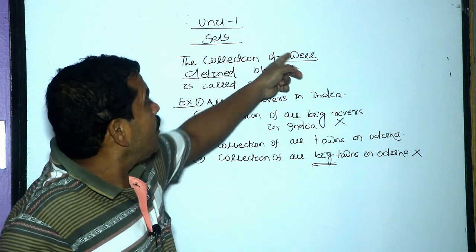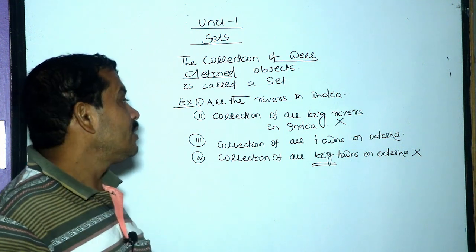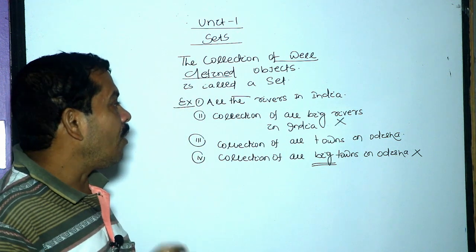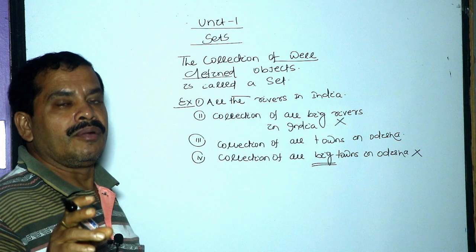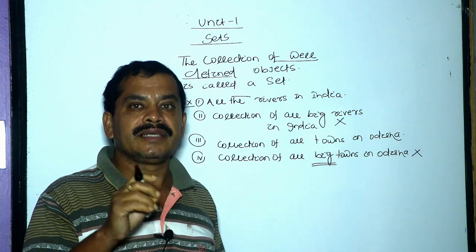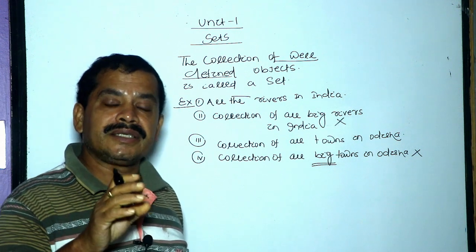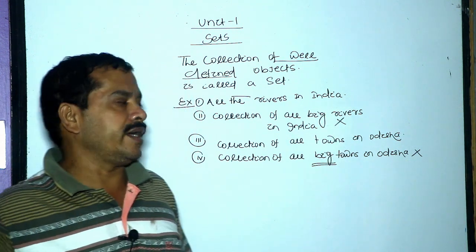So collection of well-defined objects means if there is an adjective, that must be well defined, otherwise it is not a set. All the trees in Odisha is a set, but all big trees in Odisha is not a set. All the players is a set, but all good players is not a set.